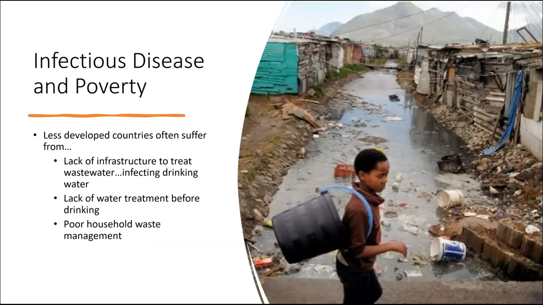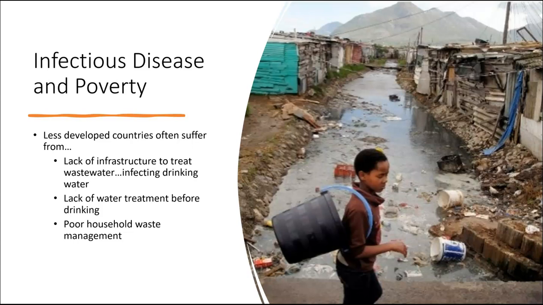All right. Likewise, household solid waste, so garbage and so on, can get out there and cause all kinds of havoc. So this picture that I chose here is an example of a community in which they don't have a way, or infrastructure or a system in place where they could put their waste into garbage cans, and those garbage cans collected once a week by a waste disposal company and brought out to a landfill.